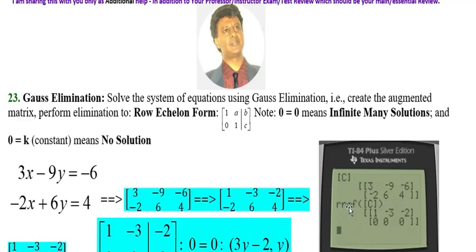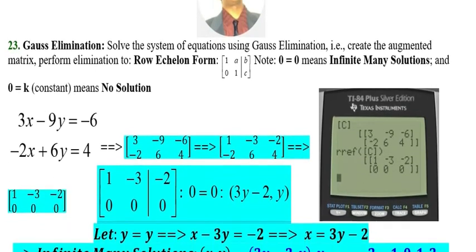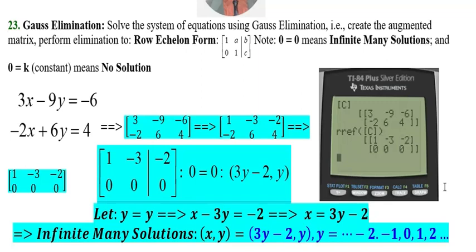And we do ref C, and we get 1, 0, minus 3, 0, minus 2, 0. That means X times 0 plus Y times 0 equals 0. That is 0 equals 0. That means infinitely many solutions.